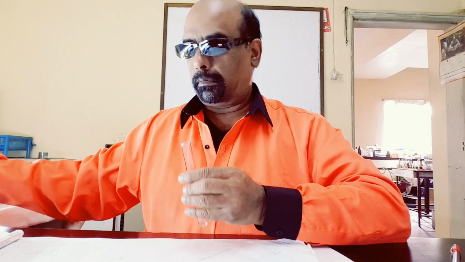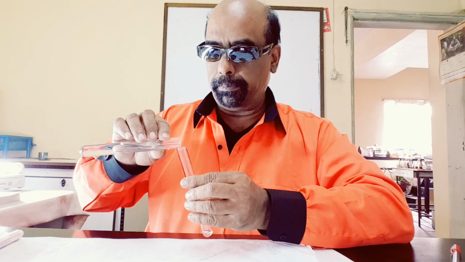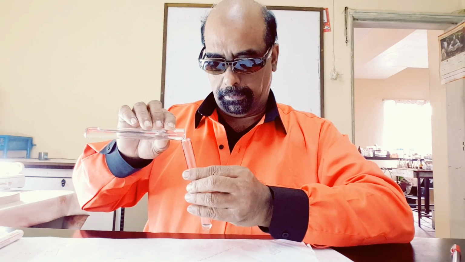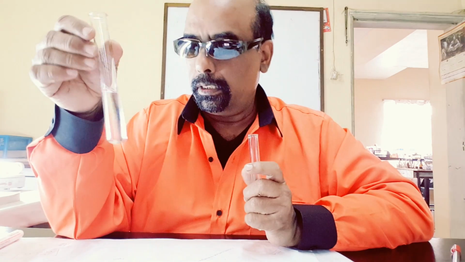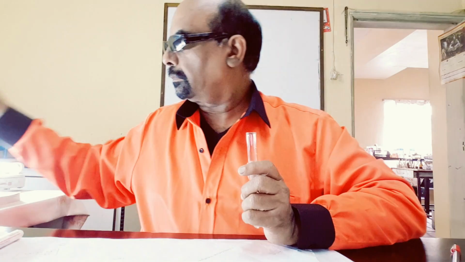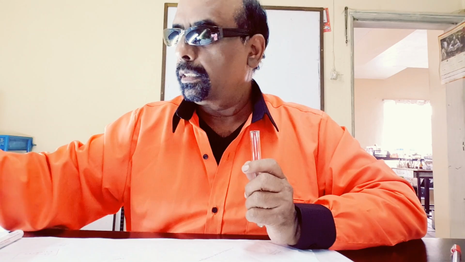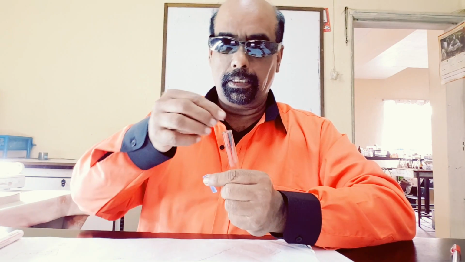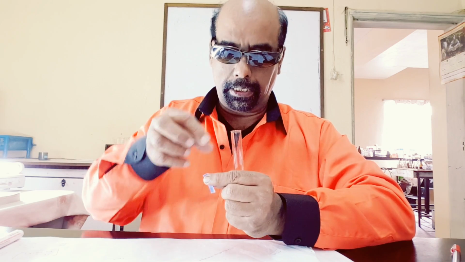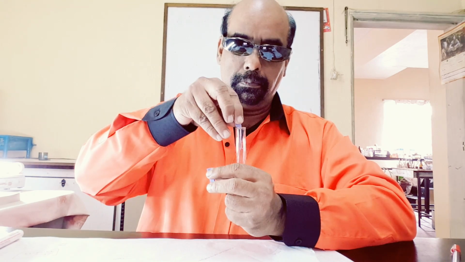I have a tube. I place the blue litmus paper inside. This is an acid, sulfuric acid. I take a piece of the blue litmus paper and dip it inside the tube.